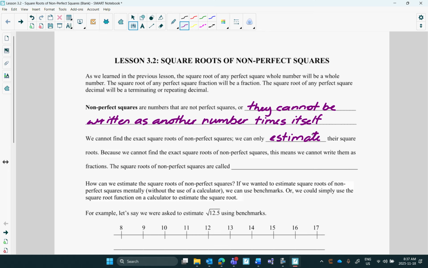And we talked about those kinds of numbers in the last unit. If they never repeat and never end, you can't write them as a fraction. And remember, a rational number is a number you can write as a fraction. What do we call a number that you can't write as a fraction? Irrational numbers.